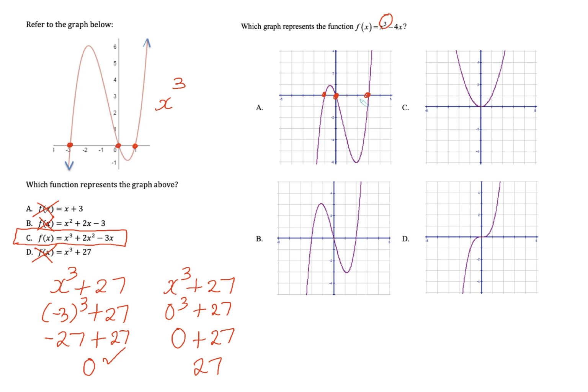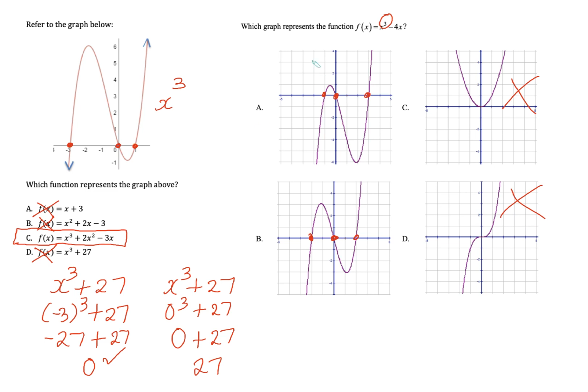So our answer may be A. Okay, this is not cutting the x-axis, so we can eliminate C. This is cutting 1, 2, 3. So B could be a possibility. And D is not cutting your x-axis 3 times. So we can eliminate D. Answer is either A or B.